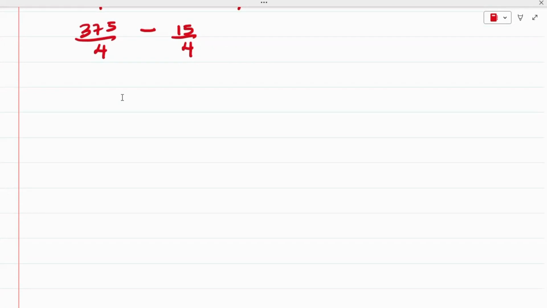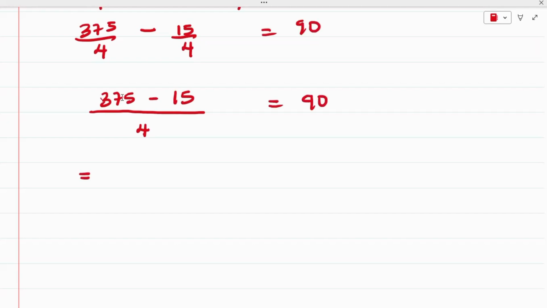So we have the common denominator, so we have this to be 375 minus 15 over 4, and this is equal to, note that all of this is equal to what? 90. So I'm trying to verify this. So we have 375 minus 15 is going to give us 360 divided by 4, which is equal to what? 90. So 360 divided by 4, it is 90, which is equal to what?